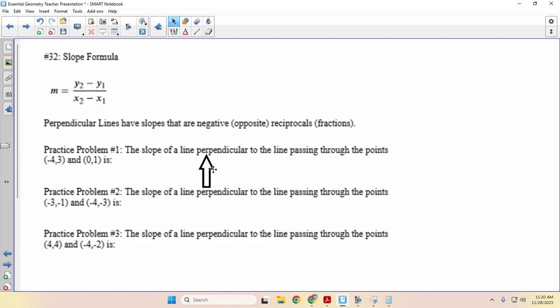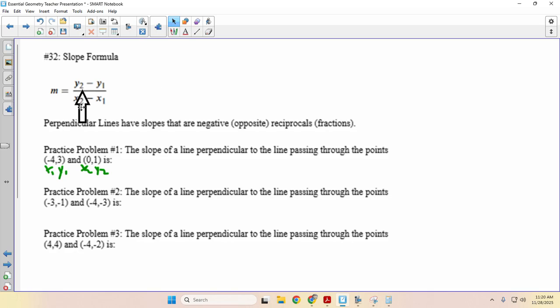Find the slope of a line perpendicular to the line passing through these 2 points. So the first thing we're going to do is label x1, y1, and x2, y2, and then I'm going to put it into my formula.